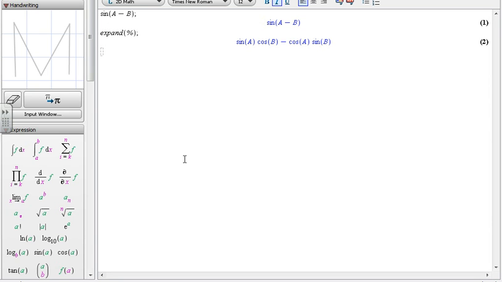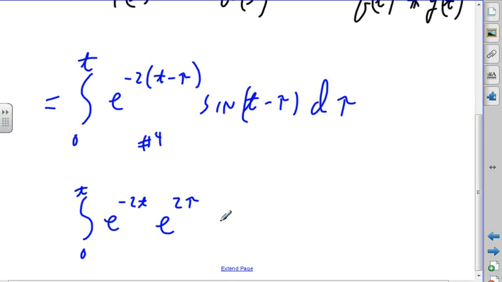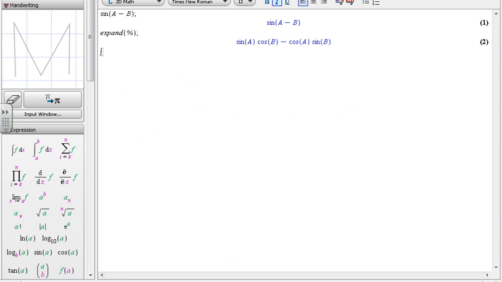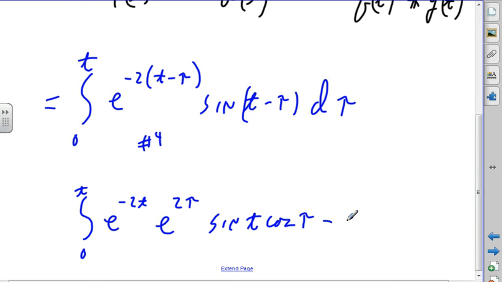There we go. I knew that. Sine cosine minus cosine sine. All right, so this is sine t cosine tau minus cosine t sine tau d tau.